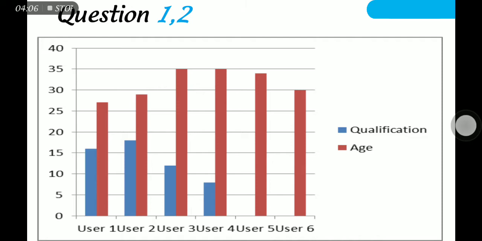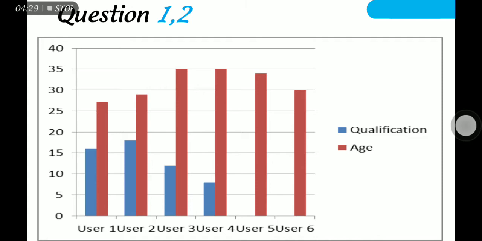I took six users, in which two are very educated, with masters degrees, two are inter and matric based, and two are illiterate users. This graphic shows the qualification and age of the users.